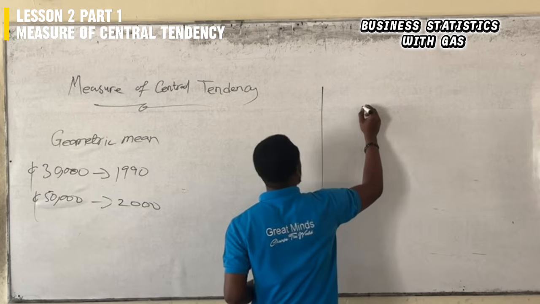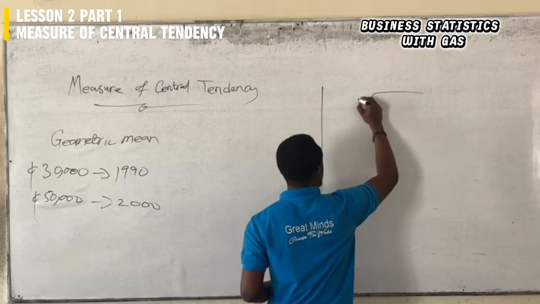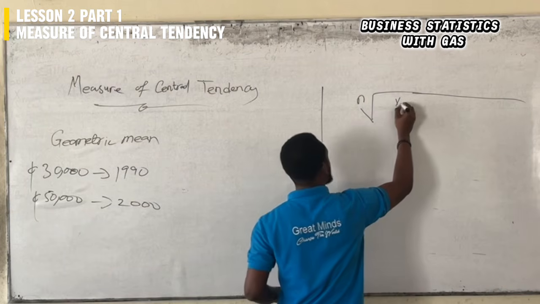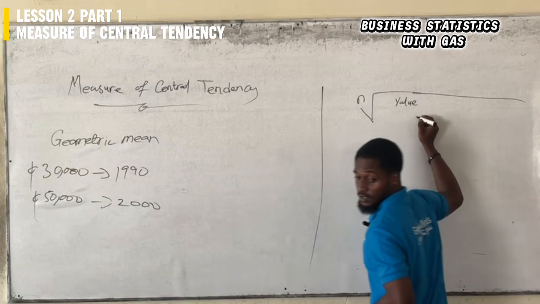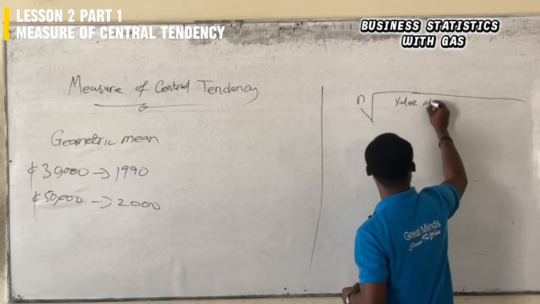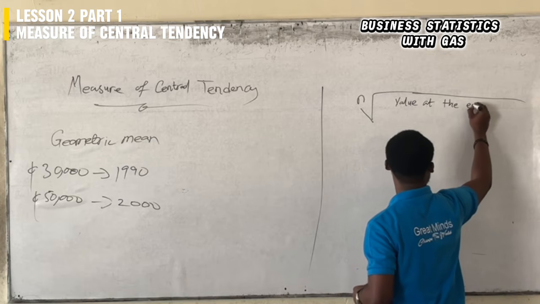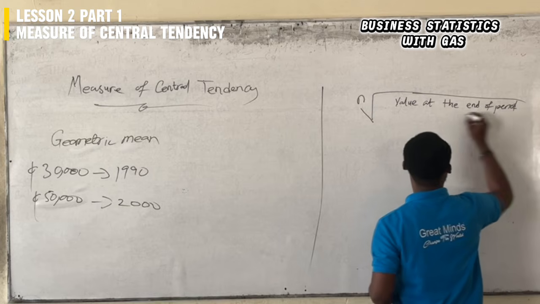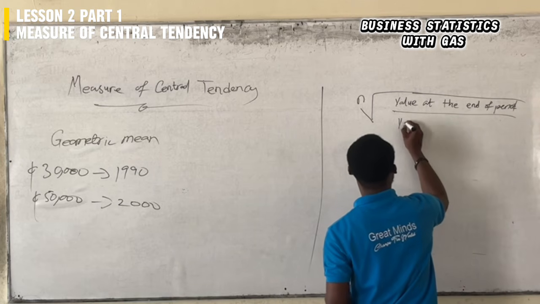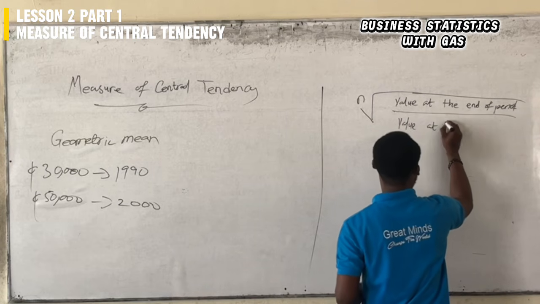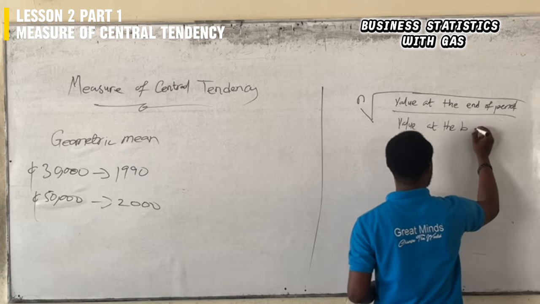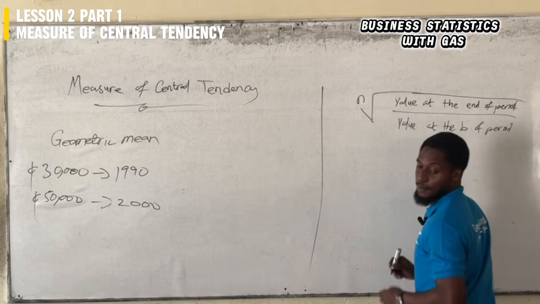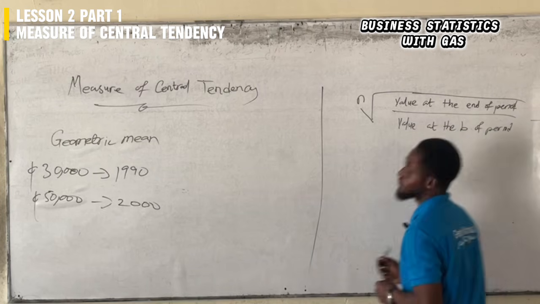So the formula then changes to the nth root of value at the end of period divided by value at the beginning of period, minus 1.